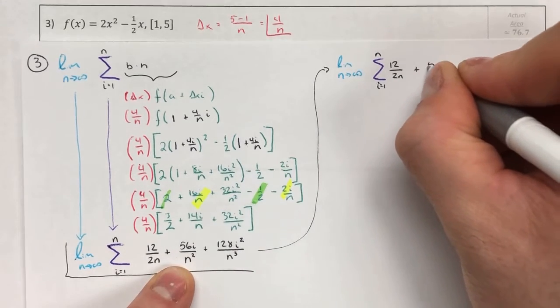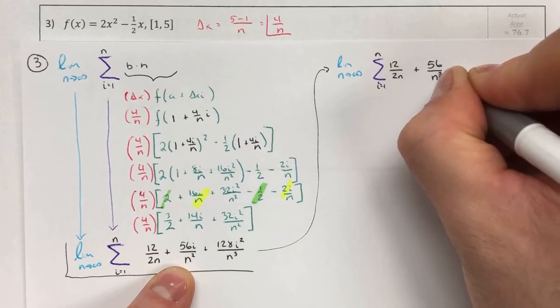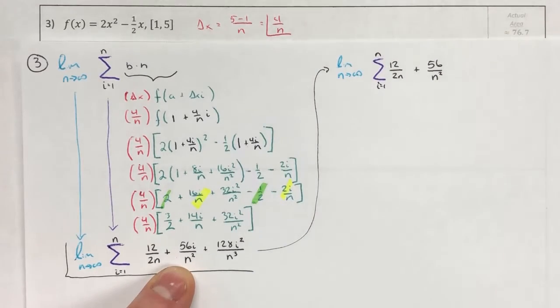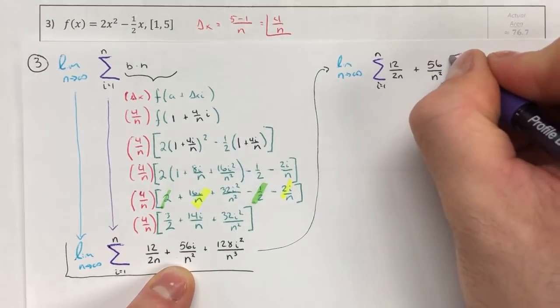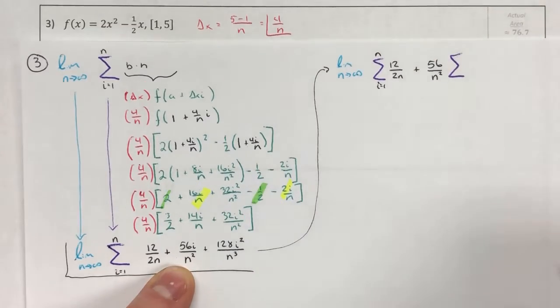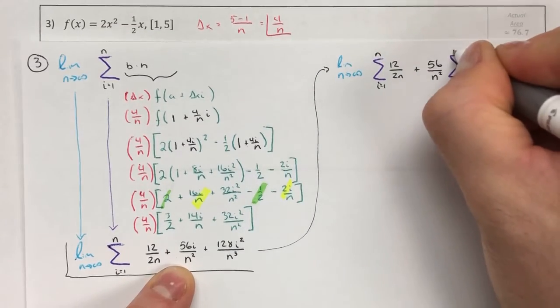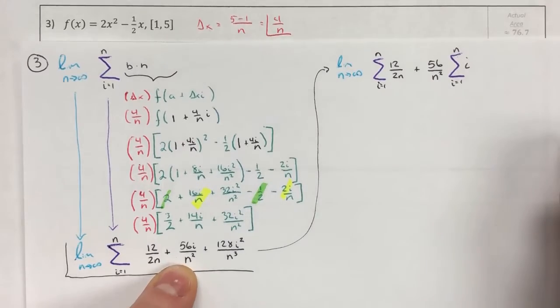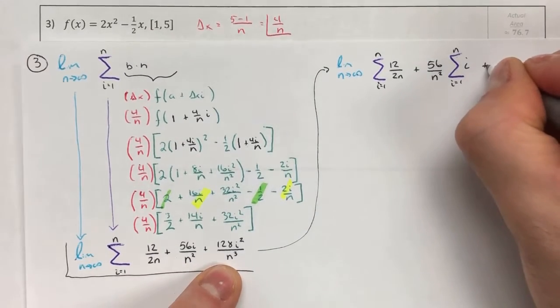So plus 56 over n squared times the sum from the first rectangle to the last rectangle of i. Again, I'm going to move my constants out to the front.